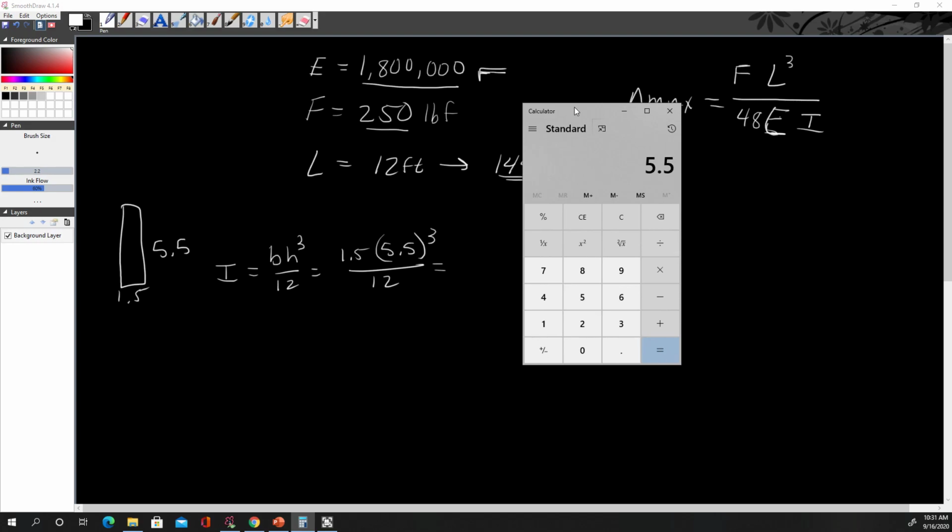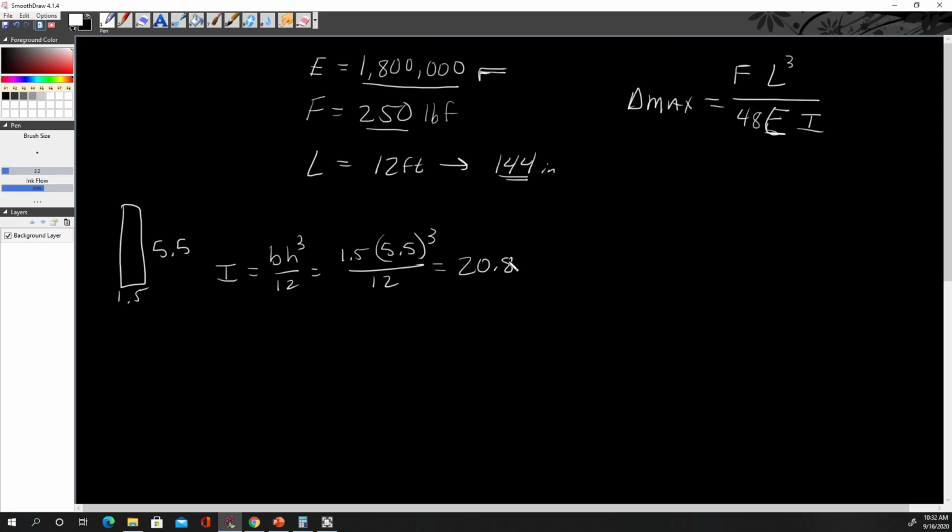It's 5.5 cubed, so times 5.5 times 5.5, and there we go. That's 5.5 cubed, and we're going to times that by this 1.5 right here. 1.5, enter, and that gets 250 on top, divided by 12 on the bottom, so divided by 12, and yeah, I was right, it was 21 or 20.8 if you want to say 20.8 for this particular beam. That only works for this one because it happens to be 5.5 by 1.5, and it happens to be the height is 5.5.